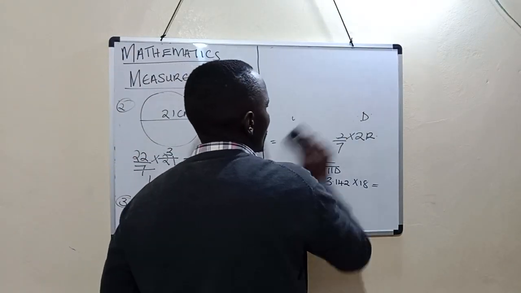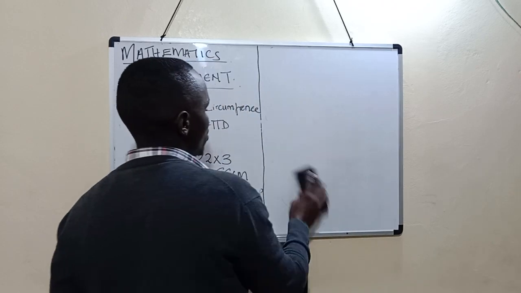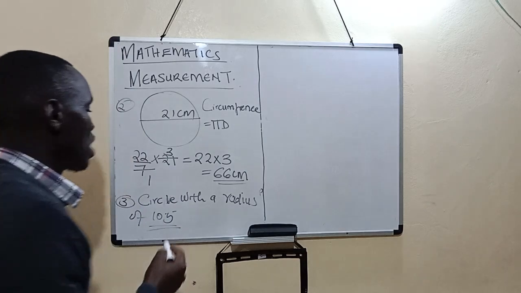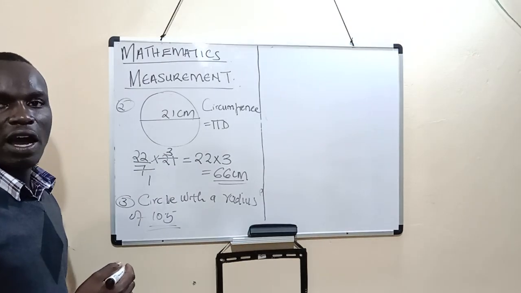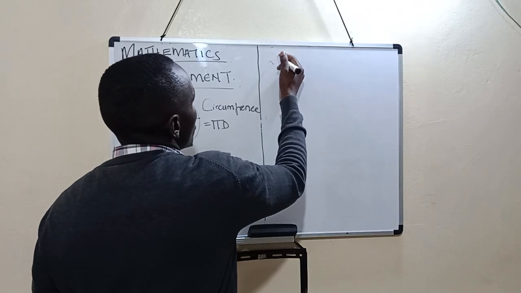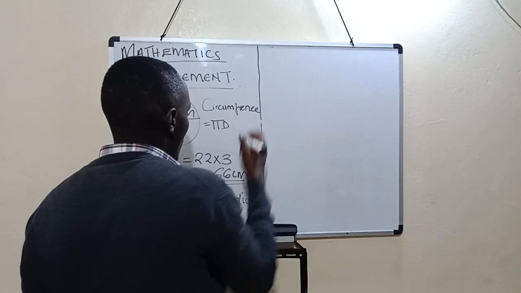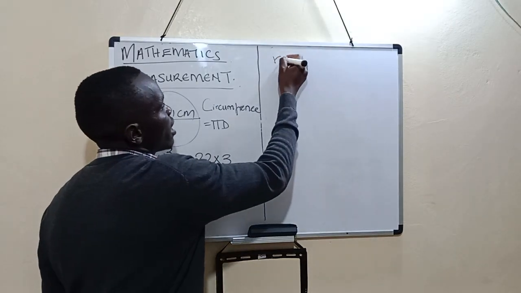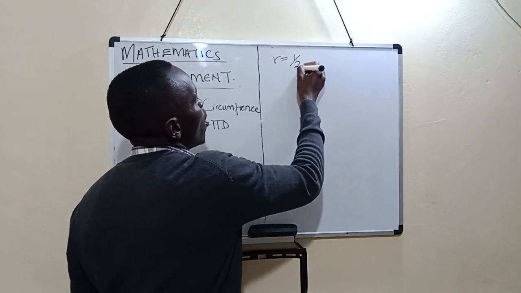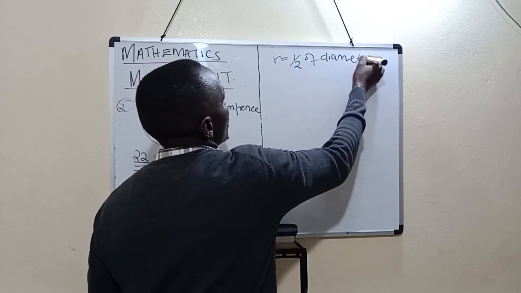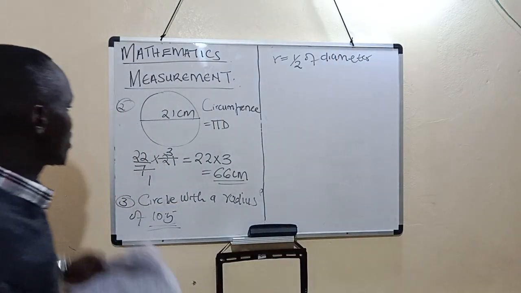So we are talking about this circle which has a radius of 10.5. In this case, it is also going to be given by pi. Remember, radius is equal to a half of the diameter.